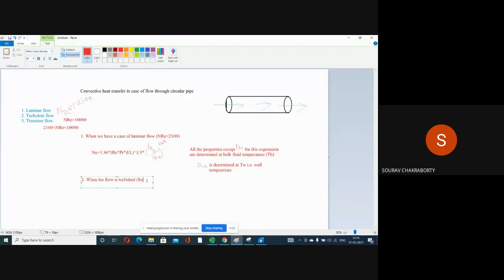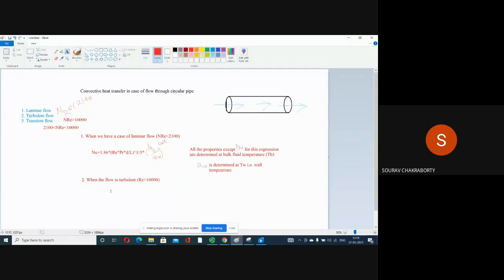If your Reynolds number is greater than 10,000, then your flow is turbulent. If some hot fluid is flowing through the pipe and you have observed that the flow is turbulent, in that case the Nusselt number will be decided on the basis of some other mathematical expression, which I will show once again.